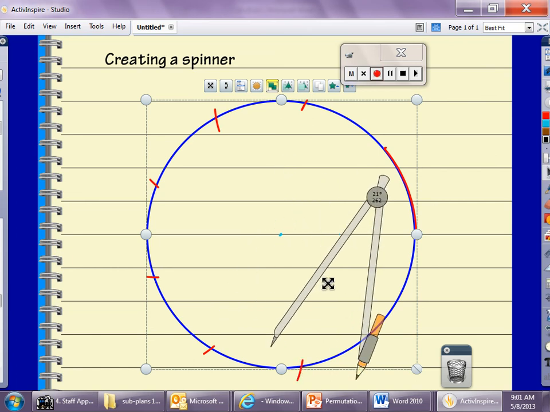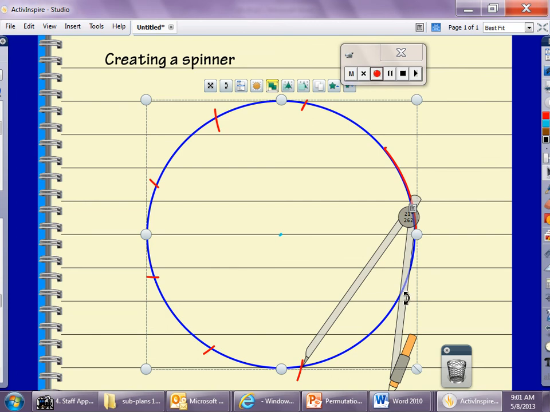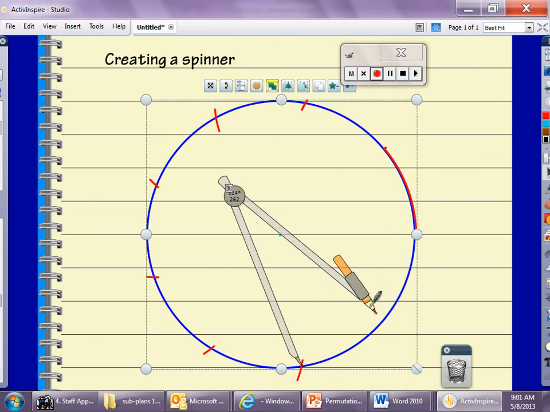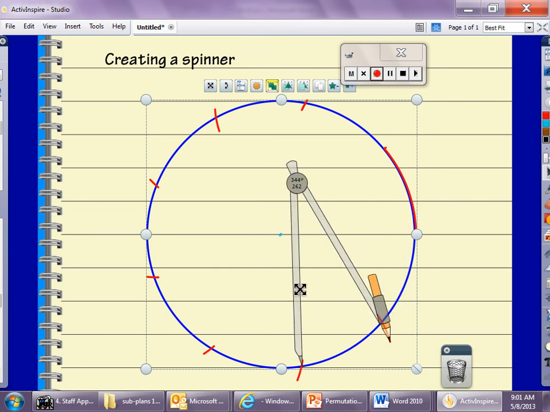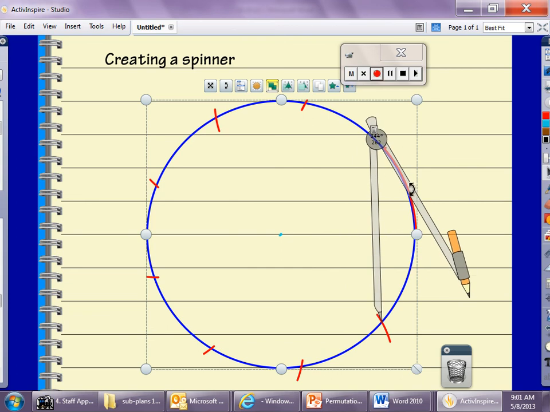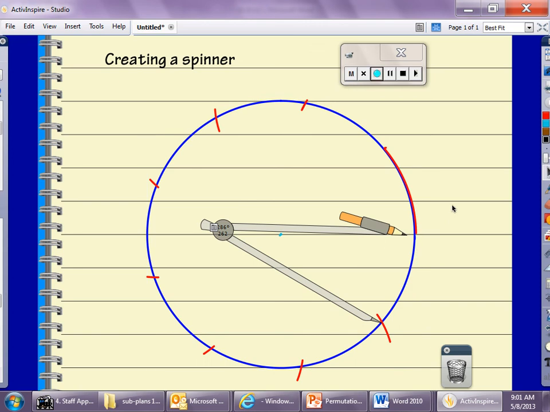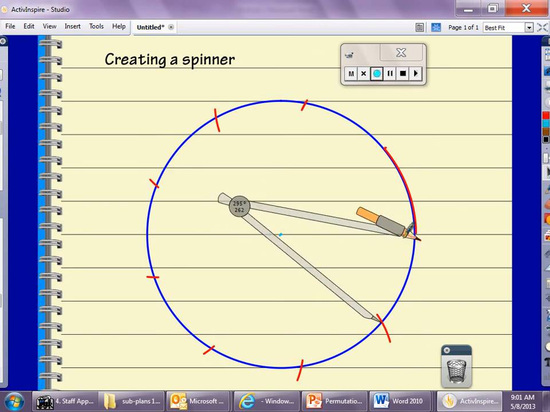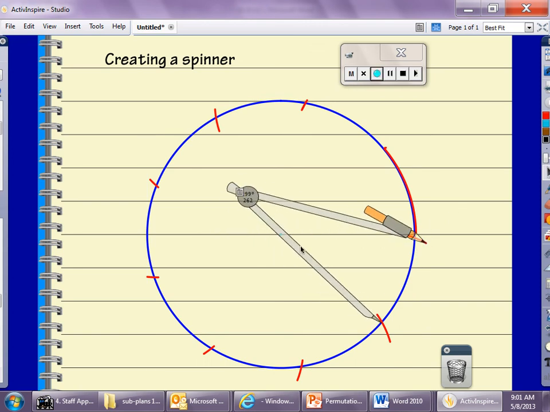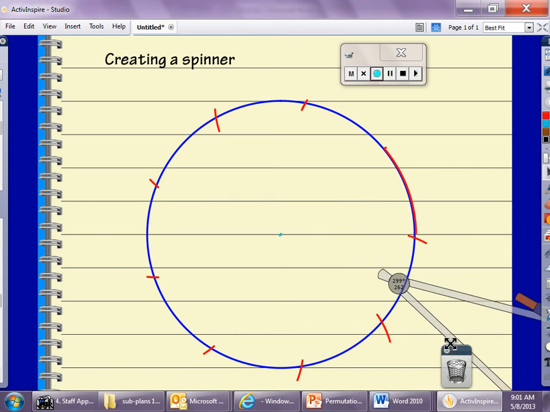Just keep on making it all the way through. You know you did it perfectly if you get back to the last one. I'm a little off. That's okay. If it's a little off, it's all right.